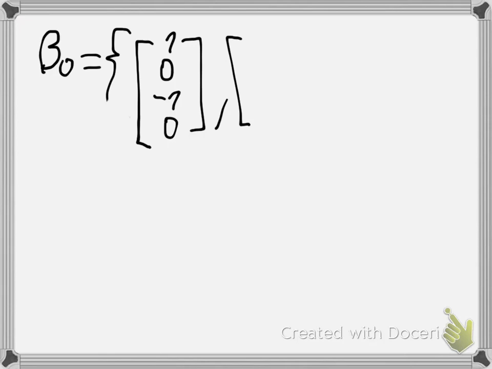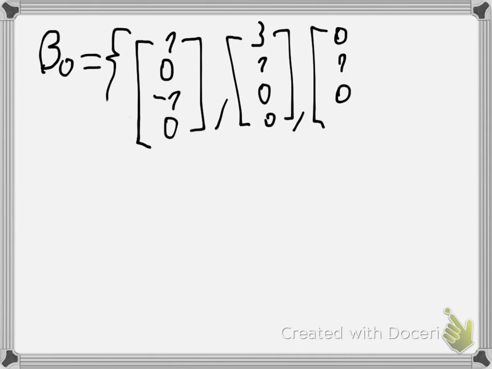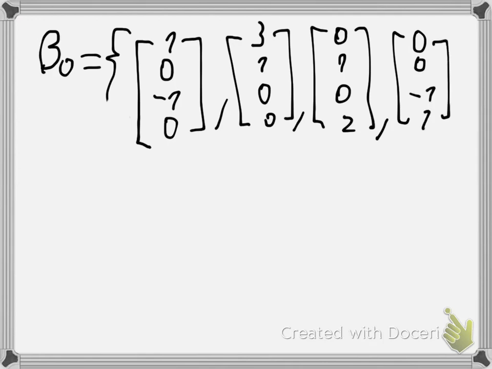The second vector is 3, 1, 0, 0. The third vector is 0, 1, 0, 2. The fourth is 0, 0, negative 1, 1. That's my old basis.